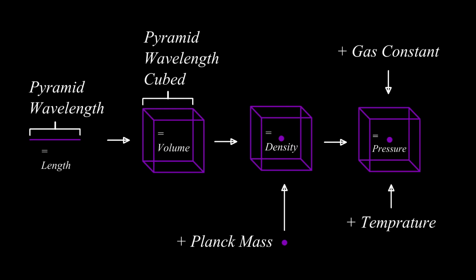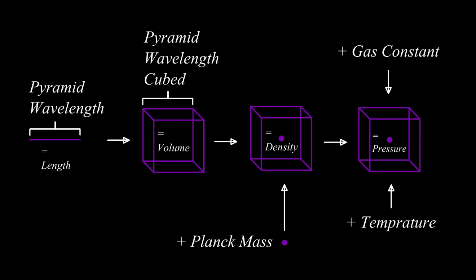Moving across, that pyramid wavelength simply becomes cubed in order to derive a volume. Then moving across again, and it is this simple, all you do is add the Planck mass to this volume.